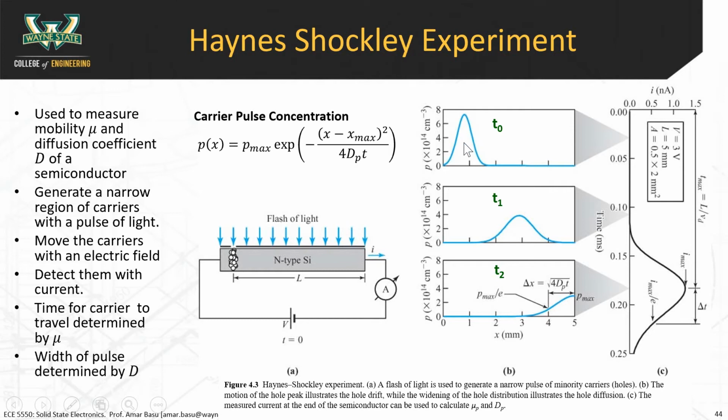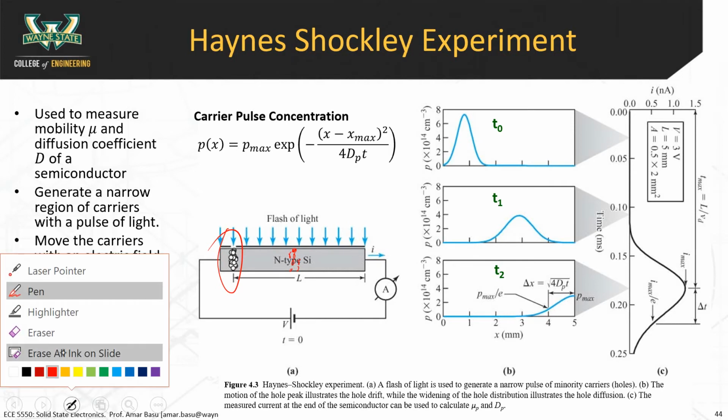If you create a flash of light in a very specific region like you see here, generating this flash of light just in one portion, so let's just do the example that they have here.